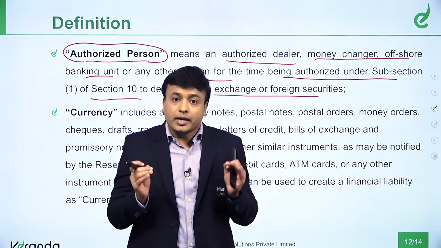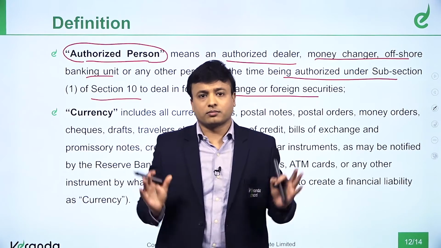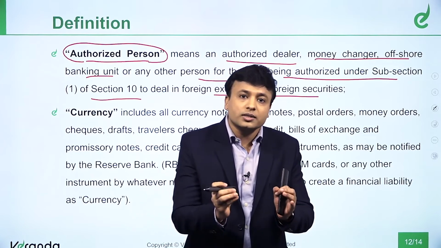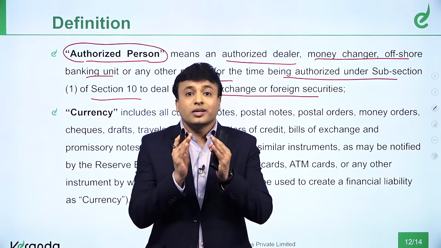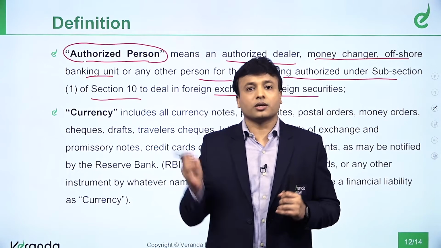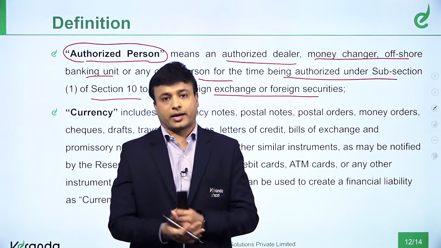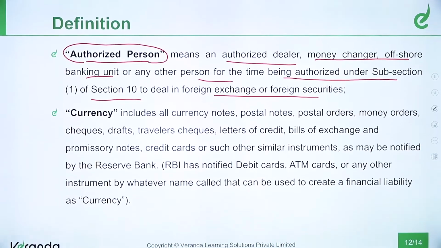Means it includes an authorized dealer, money changer, or anybody who is authorized under section 10 to deal in foreign exchange. So in simple terms, authorized person means a person registered under section 10 of the FEMA Act. So generally it is whom? It is the bankers who are the authorized person.